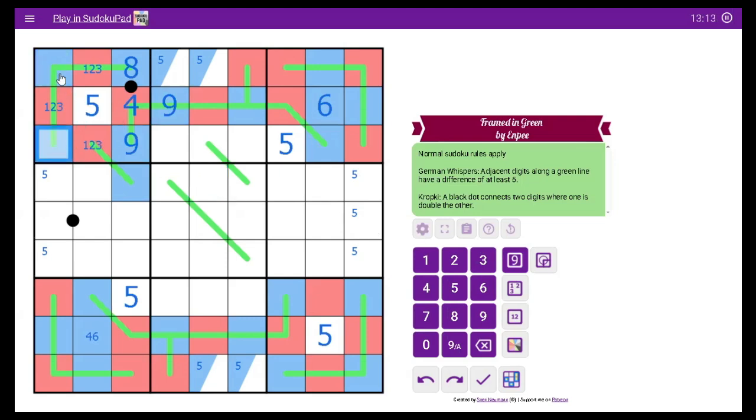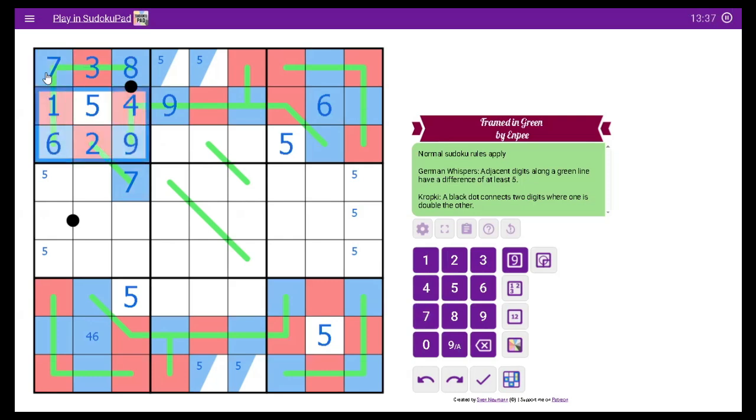This must be a 6. Putting a 6 here would put double ones. So that's a 6, meaning this is a 1. It's 5 different. Taking away the 2 and the 3, this is a high digit. It's not a 6, so it is a 7, which puts the 2 there, puts the 3 there, and all of a sudden, we have gotten this box.